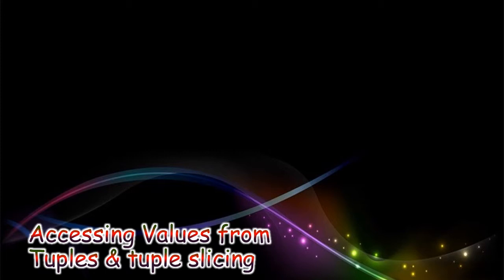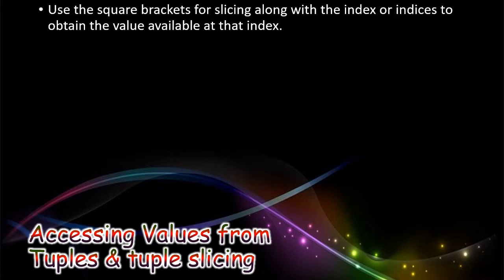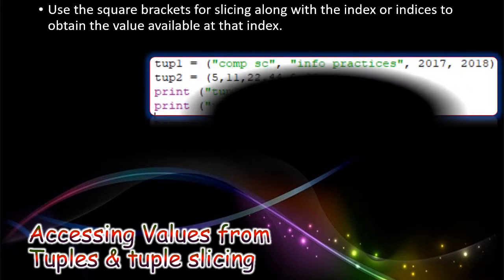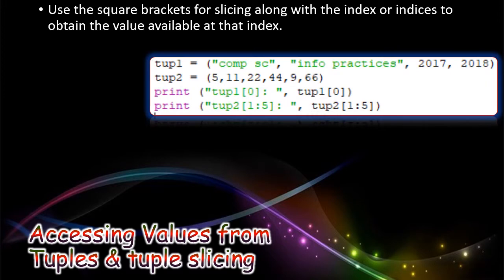Like lists and strings, we can access values based on the index in tuples. See here, tuple 1 equal to computer science, informatics practices, 2017 and 2018, and tuple 2 is assigned 5, 11, 22, 44, 9, 66.